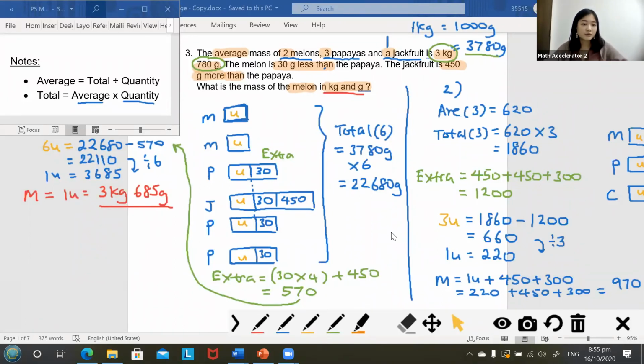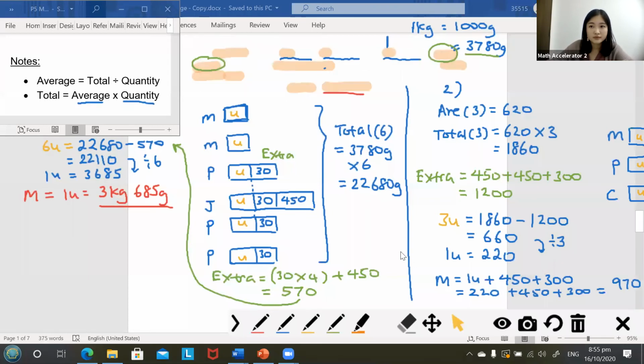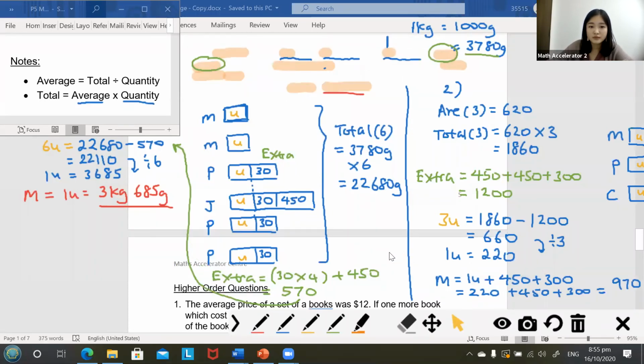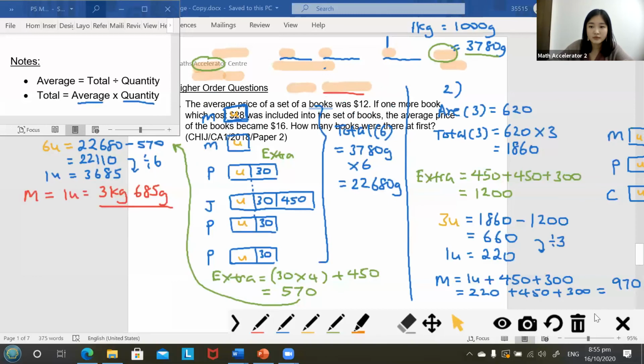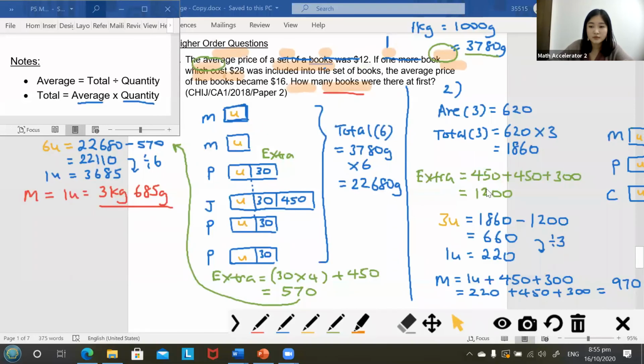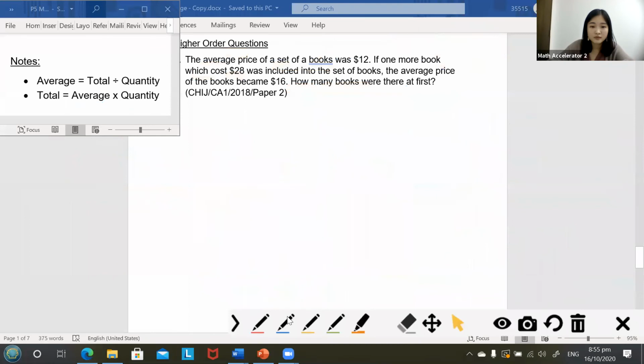Okay, right, then we go to the next one. Okay, so the average price of a set of books was $12.